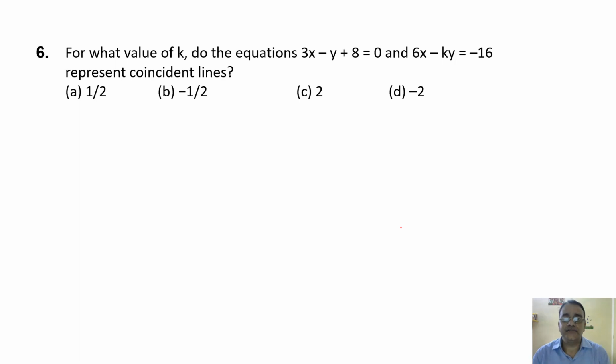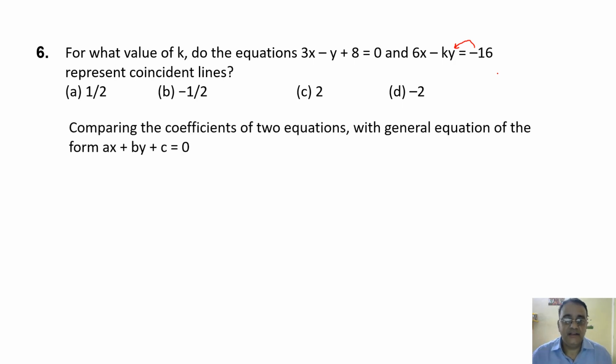For what value of k do the equations 3x minus y plus 8 equals 0 and 6x minus ky is equal to minus 16? What we will do is shift minus 16 to this side. It will become plus 16, because it should be written in the standard form, that is ax plus by plus c is equal to 0.